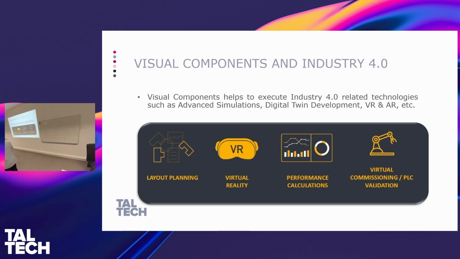It's freely available, and I think you don't need any license for that. You can download and use it. However, whatever you want to view there, you must create in visual components. If you have a VR headset, you can be in that environment and visualize it.